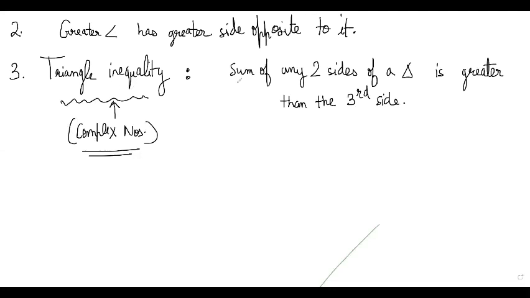So triangle inequality: sum of any two sides of a triangle is greater than the third side. Now, using this property and triangle inequality, can you prove this statement? The question is this. I'll just write the question here.